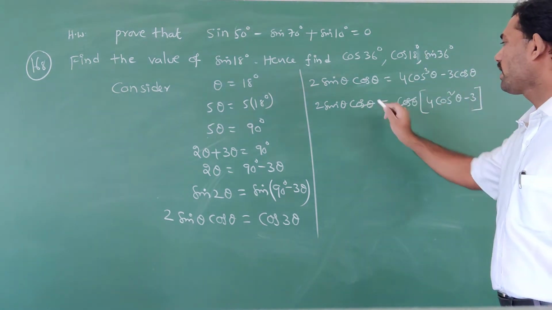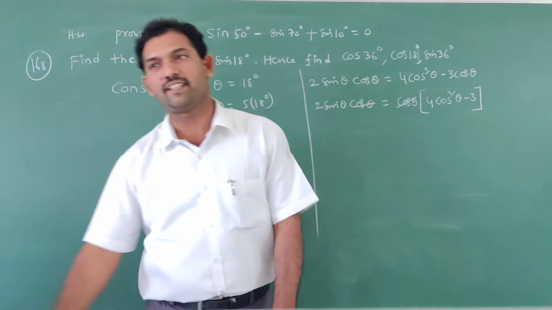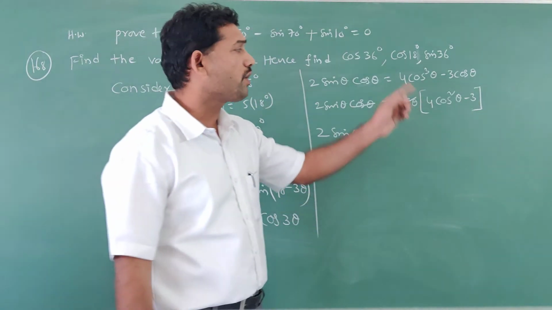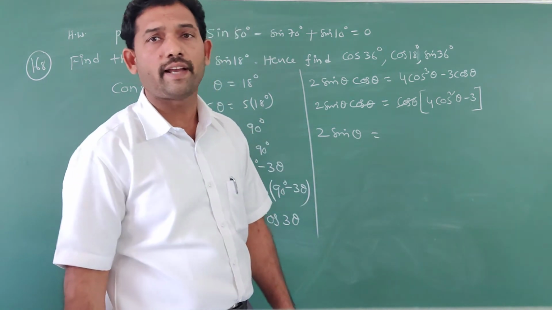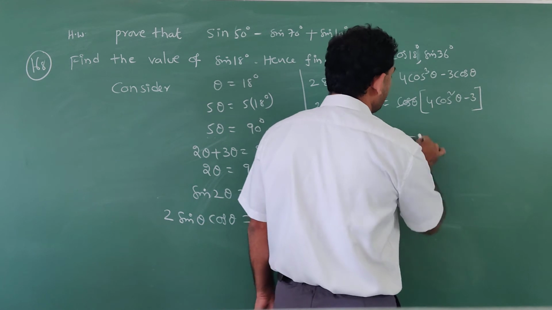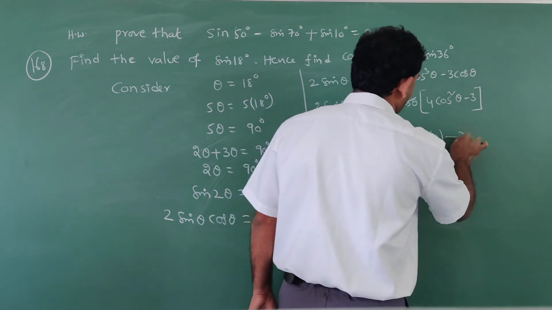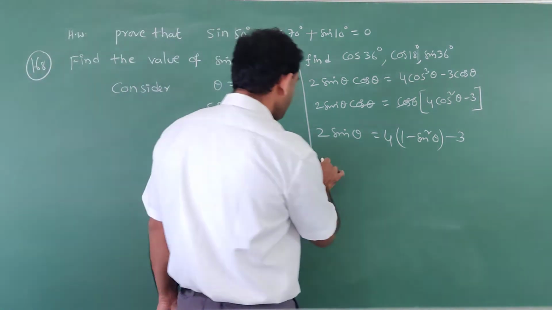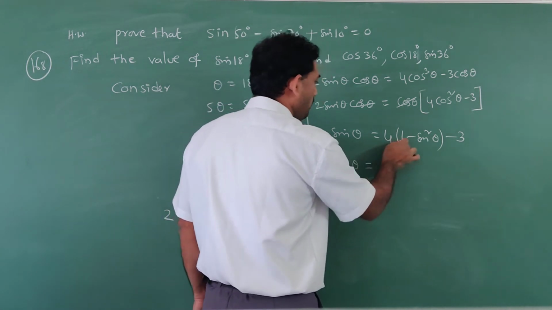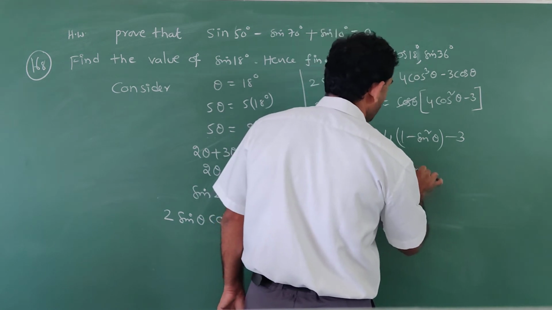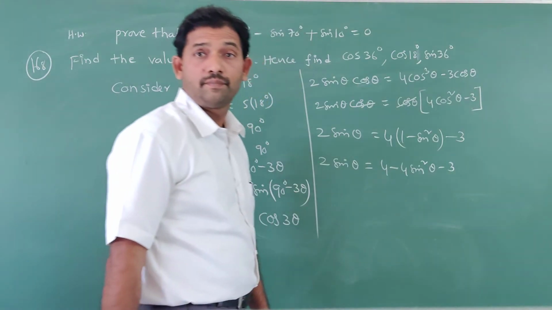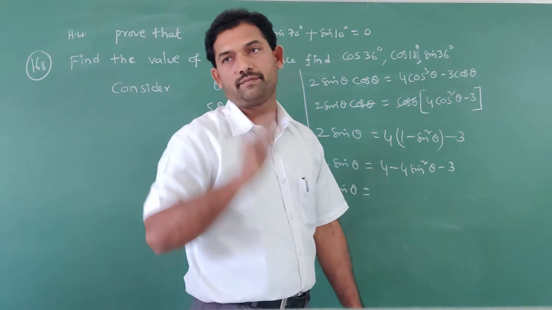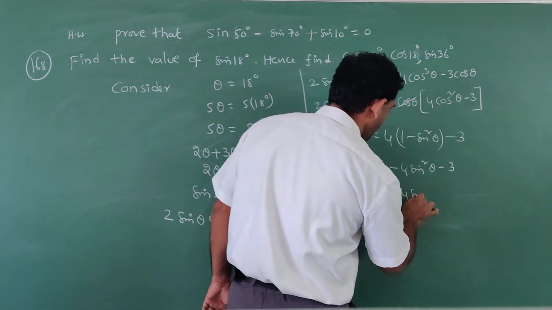Writing cos square theta as 1 minus sin square theta: 4(1 − sin square theta) − 3. So 2 sin theta equals 4 − 4 sin square theta − 3, that is 1 − 4 sin square theta.